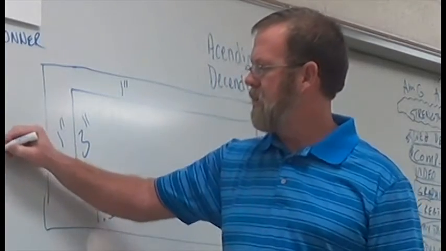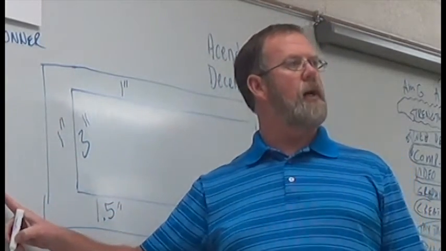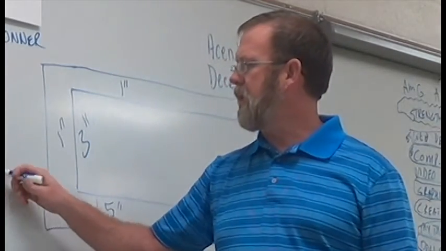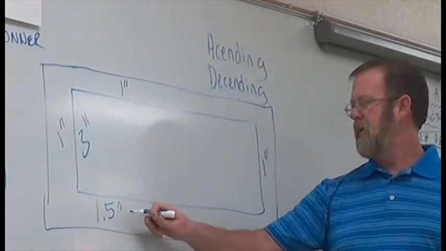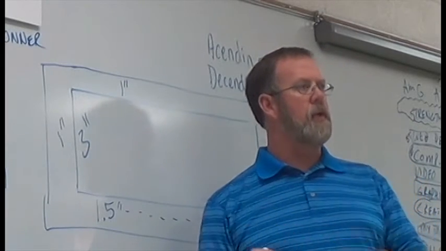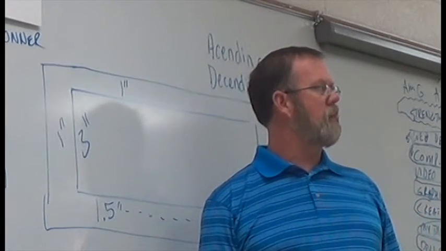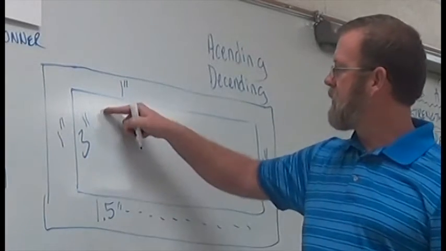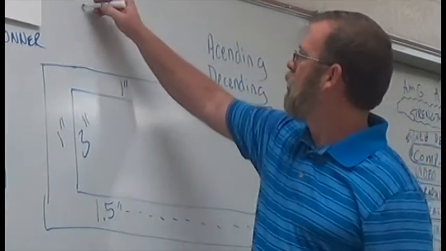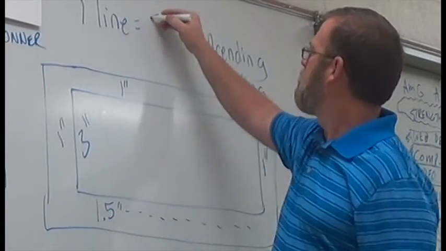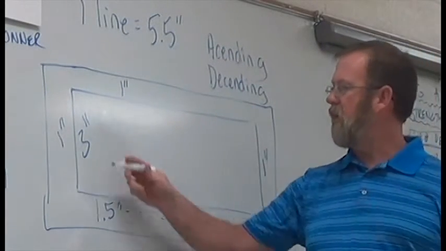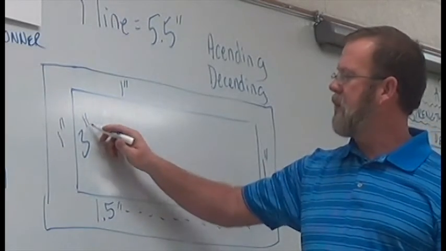Or a Y, or a J, they go down below the line. So this part will get absorbed in this extra 1/2 inch, leaving us our normal border down below. Everybody understand that? So this is one line of text: 1 inch, 2, 3, 4, 5.5. So one line equals 5.5 inches.